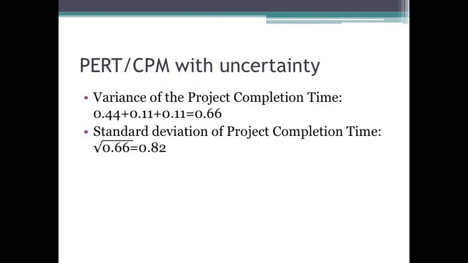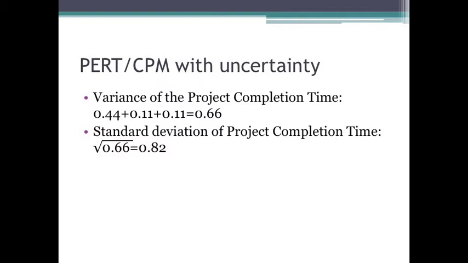So we've figured out the project variance. Well, to convert that to a standard deviation, just take the square root. So the standard deviation of the project completion time is the square root of 0.66, which is 0.82. Now the beauty of this is that we now have a mean and a standard deviation. We have a normal curve.